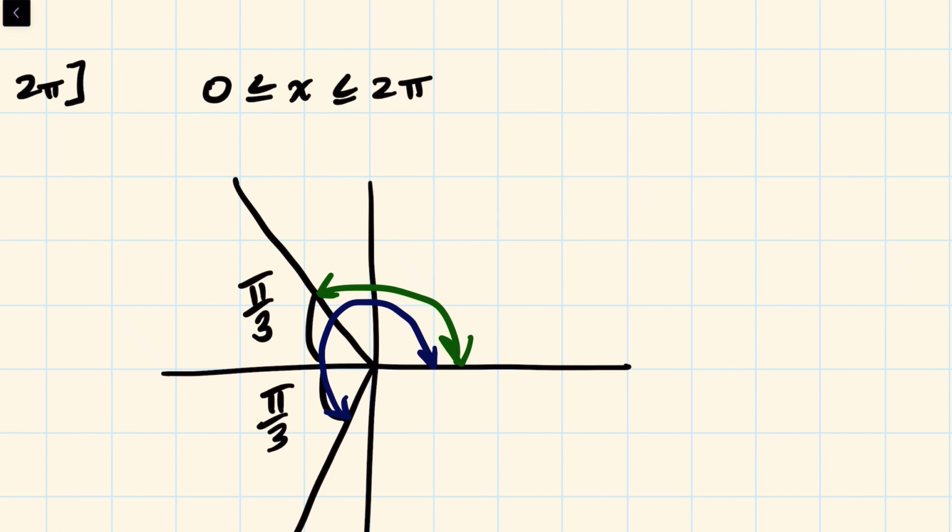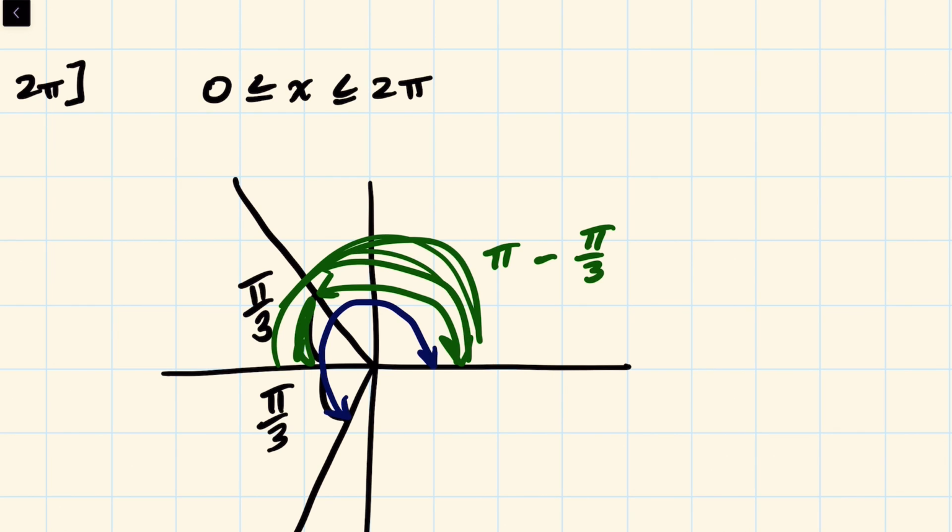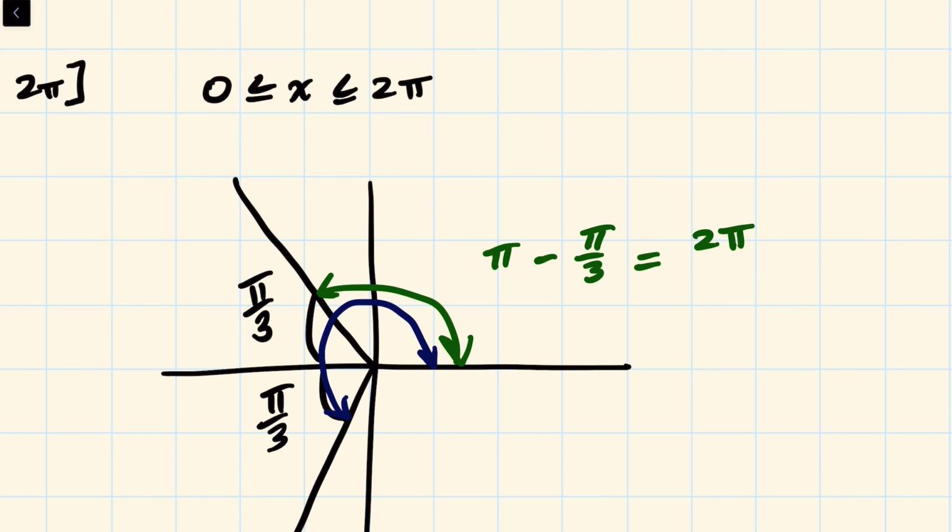So to find this green one here, we're going to do pi minus pi over 3, right? Because we have pi over 3 here and we have pi here. So pi minus pi over 3 is what we're looking for. Okay, and that's just 2 pi over 3.